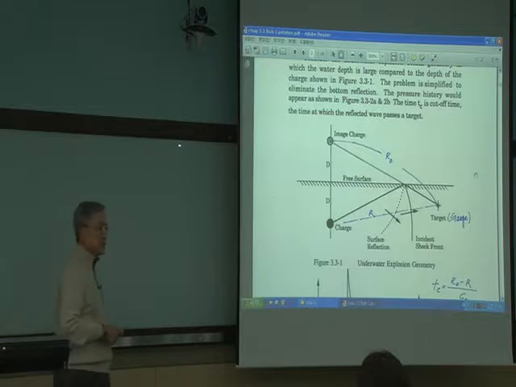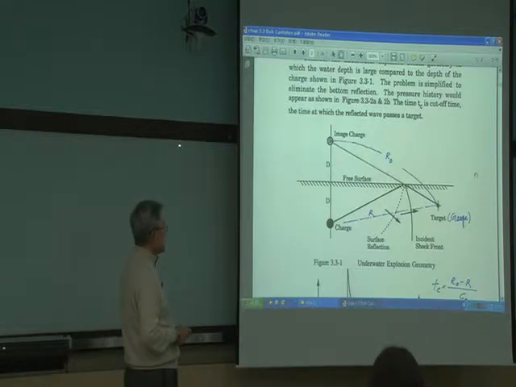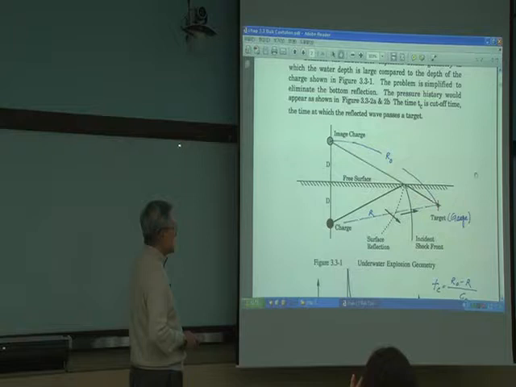And the geometry for computation purposes. This is the standoff distance from image charge to the target. This is, I said, R naught. This R naught is the same, the distance from here to here plus to here, right?